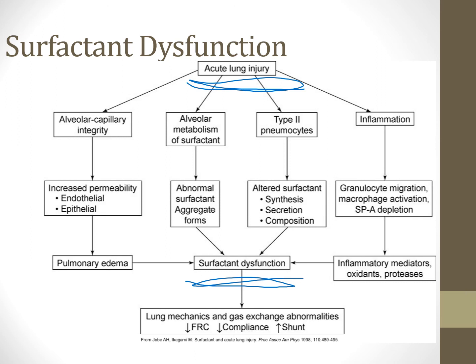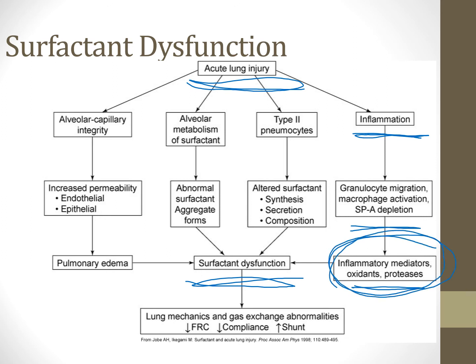But when we're looking at a baby having inflammation, so let's say a baby got hyperinflated or a baby aspirated meconium, right? That fetal bowel contents. That can cause a lot of depletion, macrophage activation, which causes your inflammatory mediators and oxidants and proteases. These are all released with ARDS, right?